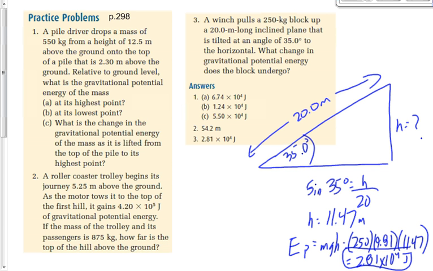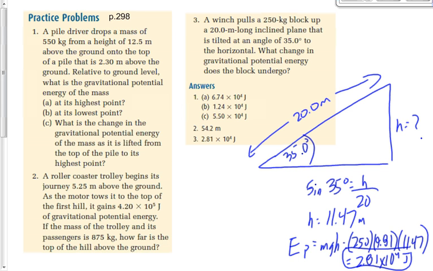What have we found there? I found the potential energy at the end of the strip, right? What am I looking for? Not the final potential energy, but rather the change of potential energy, right? If the initial potential energy is 0 and the final is 2.81, then what's the change? 2.81.